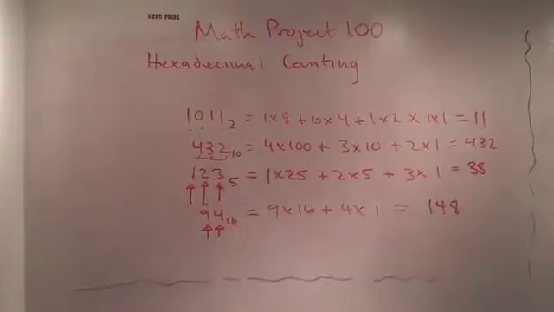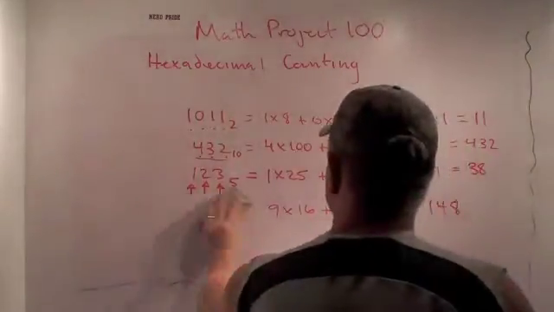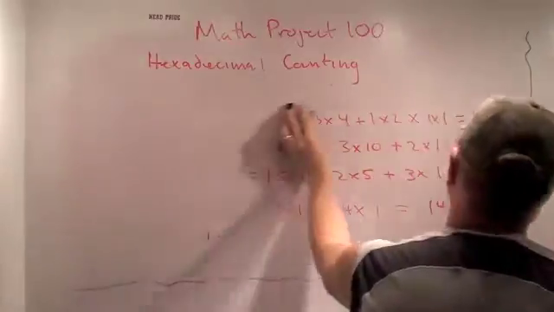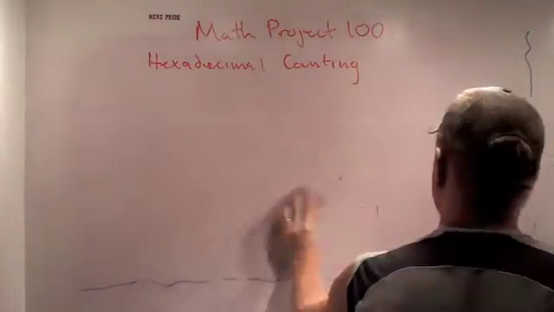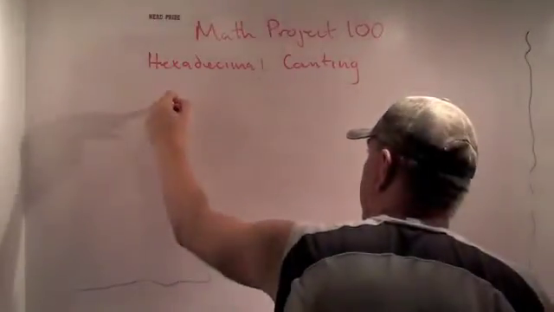So that's how you write the number 148 in base 10 in hexadecimal. It's 94. But hexadecimal has an interesting little property that base 2 and base 5 and base 10 don't have. So let me show you what that is. Let's do our hexadecimal numbers.